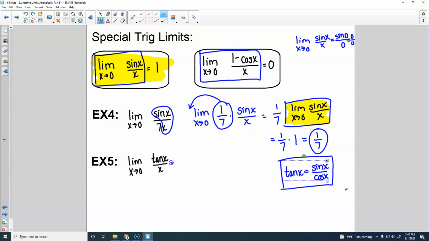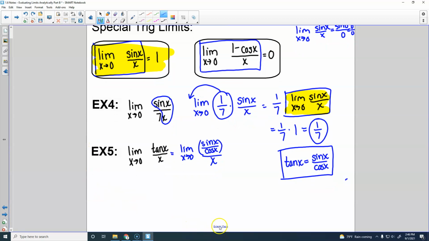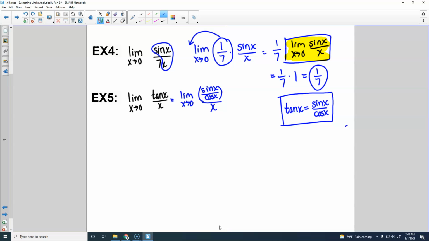So I can do this, the limit as x approaches 0 of sine x over cosine x over x. Okay.